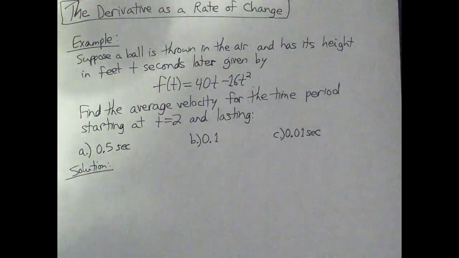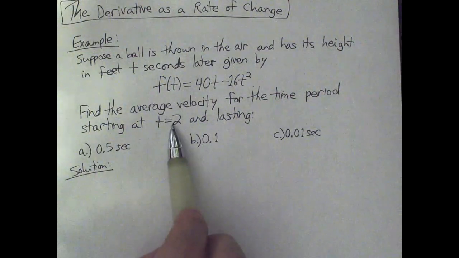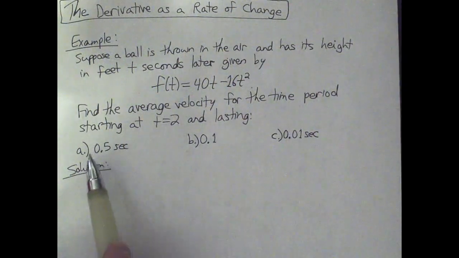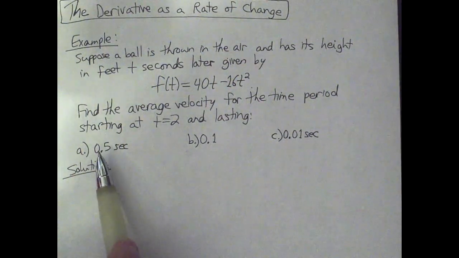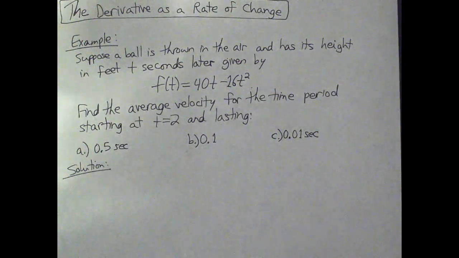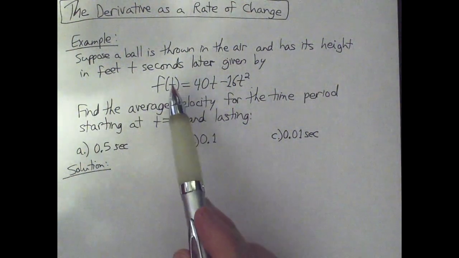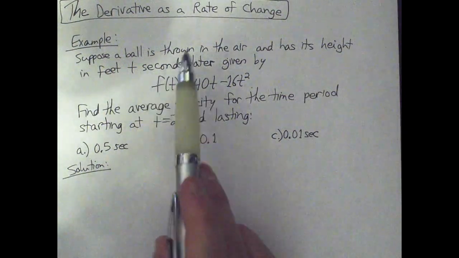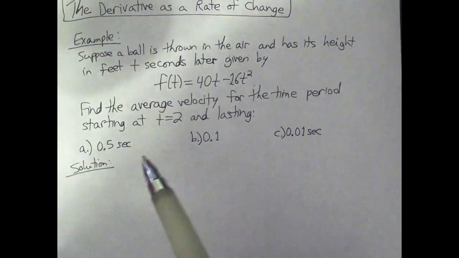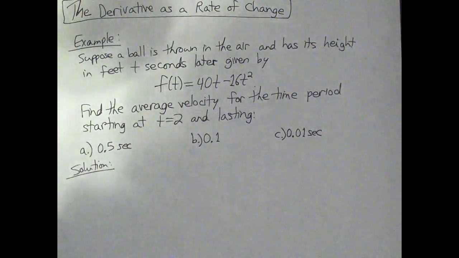Maybe we have a stopwatch in our other hand. And on the stopwatch, we click the stopwatch to start recording time at t equals 2. And then we're going to measure out a length of time lasting half of a second, and then click the stopwatch again. And each time we could look at the height above the ground of this ball. So the ball goes up, eventually comes back down.